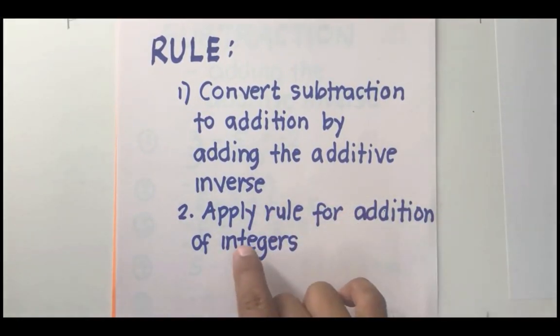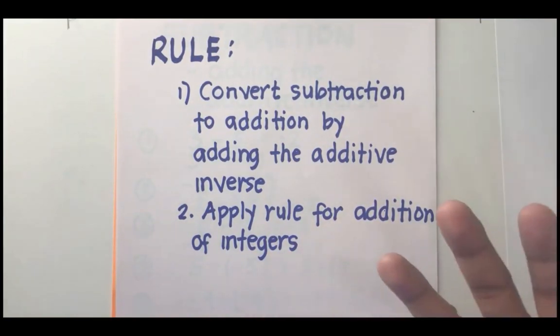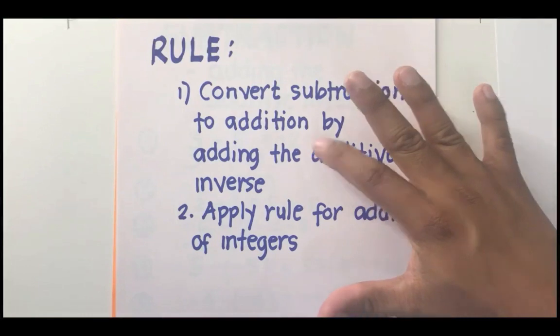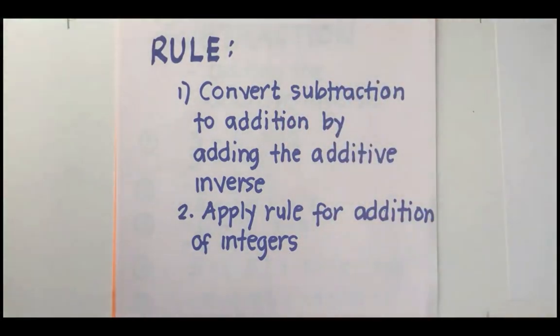Once done, you just apply the rule for the addition of integers that we already studied. So there are no two rules. There is just one rule, which is for the addition of integers. What we have here is just an extra step to convert from subtraction to addition, and once converted, we can apply the rule for addition of integers.